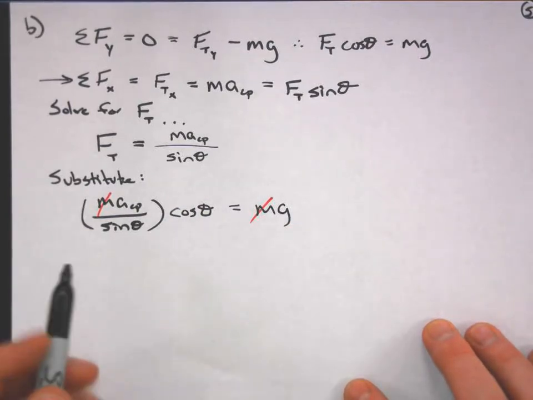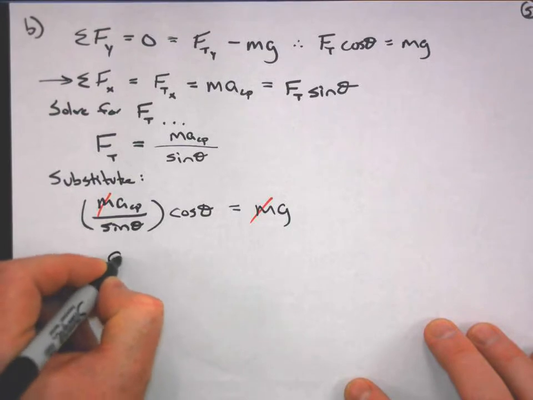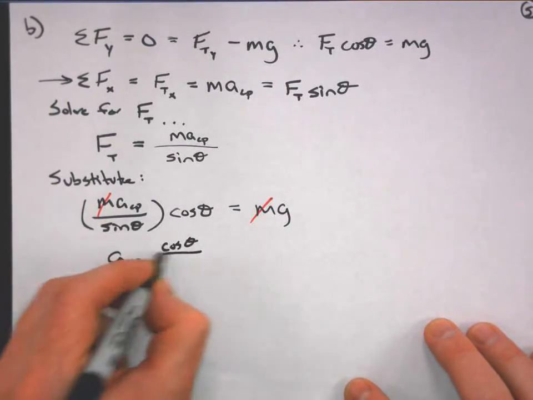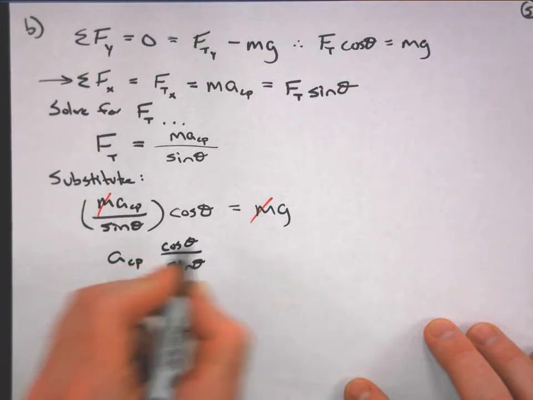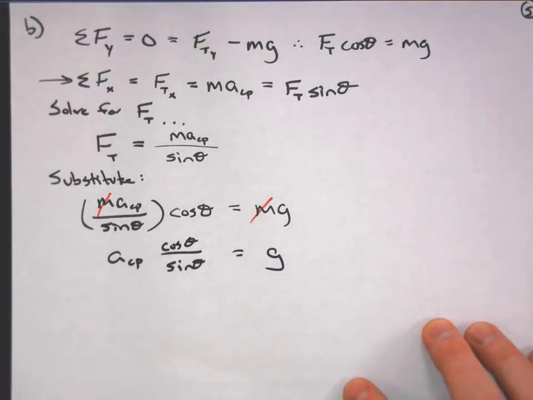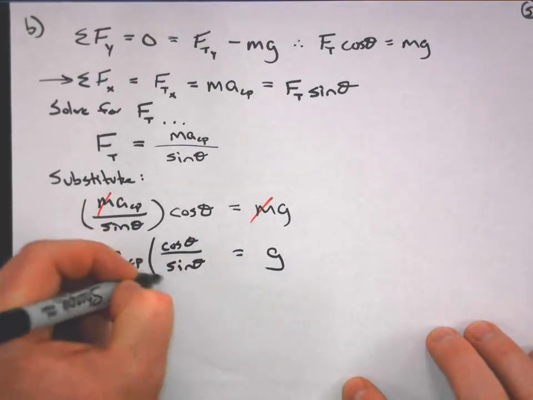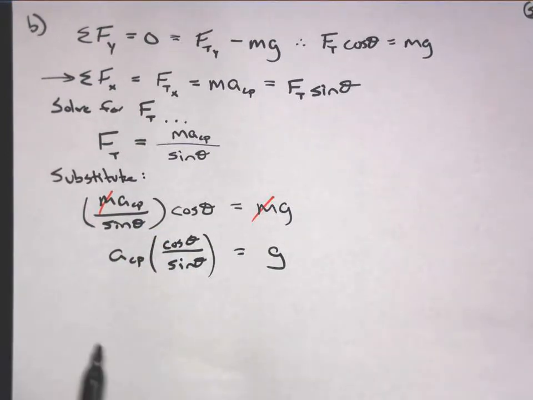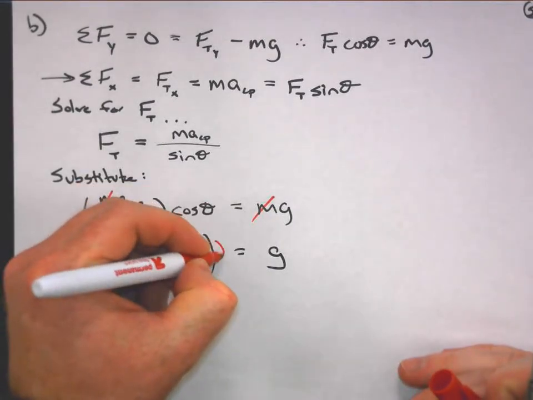I've got a sine and a cosine, and in fact, I rearrange this to look like this. Okay. Now, maybe at first glance you don't notice anything. Maybe you do, because what happens here, am I allowed to just flip this?